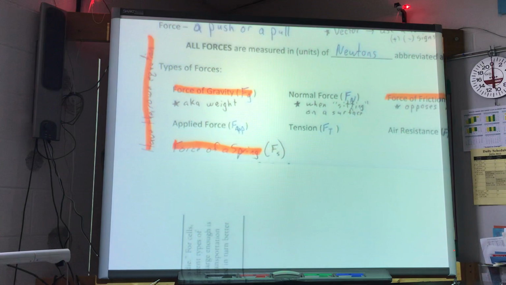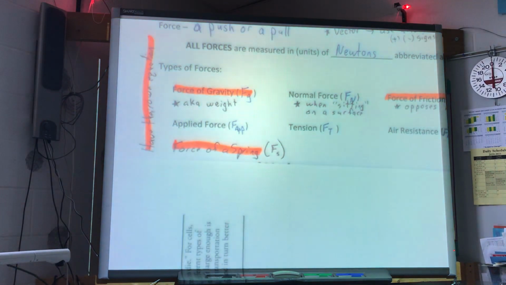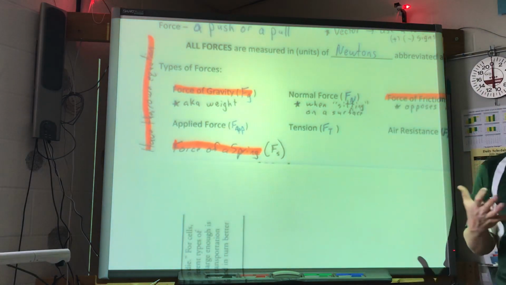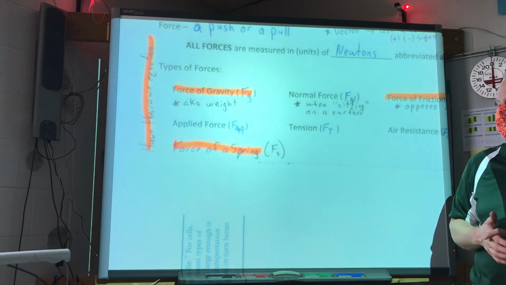The other 4 out of 7, the only way we could calculate those is using Newton's second law. Any of these forces can be solved for, given the right information, using Newton's second law. These 3 that I highlighted have their own special formulas that I'll teach you as we go.